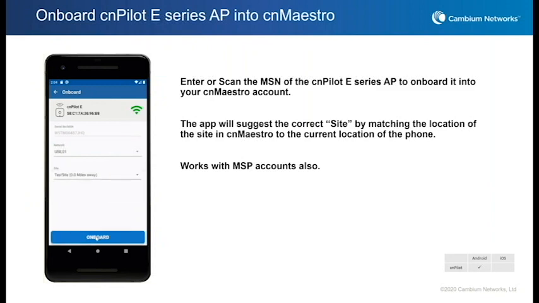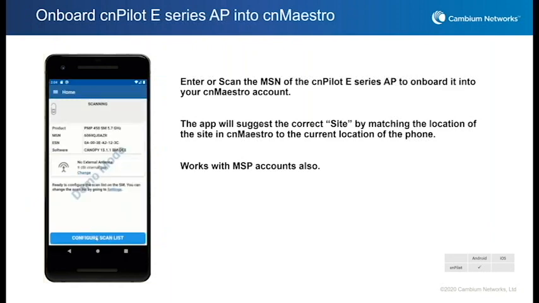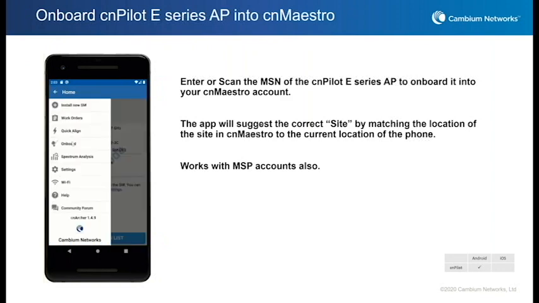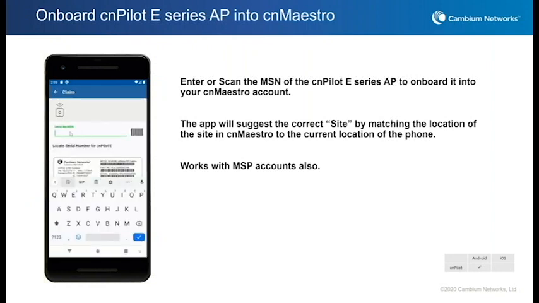And the benefit of using the app here is that when you use the app to install the cnPilot, the app will download the details about all the sites configured in cnMaestro, including the GPS coordinates of the site. When you install a particular AP, it will match your current location, based on the GPS coordinates of the phone, with the locations of all the sites in cnMaestro, and it will automatically map that device to the correct site.